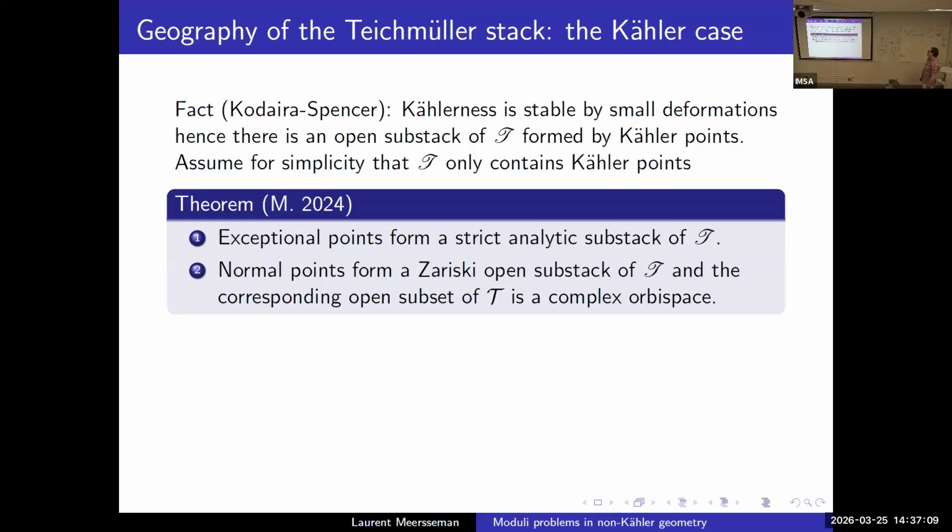So that's not so bad. Of course, there is a subtlety here. I pass from the Teichmüller stack to a topological Teichmüller space, because in a Teichmüller stack you have the data of the isotropy groups, and there is no reason for the automorphism groups to be defined.